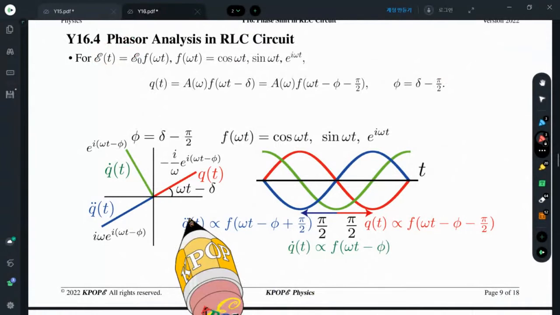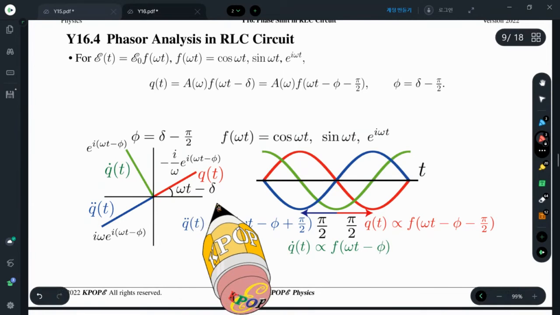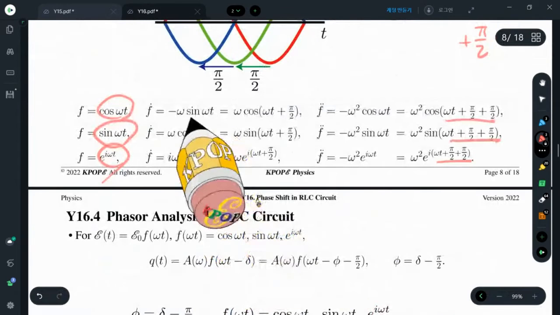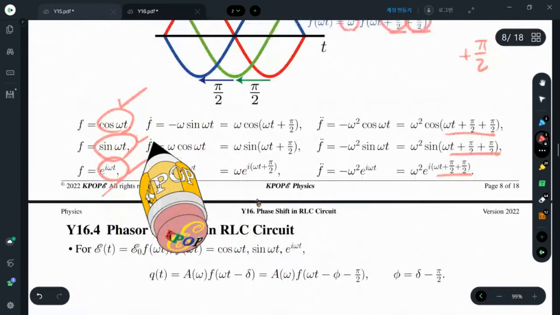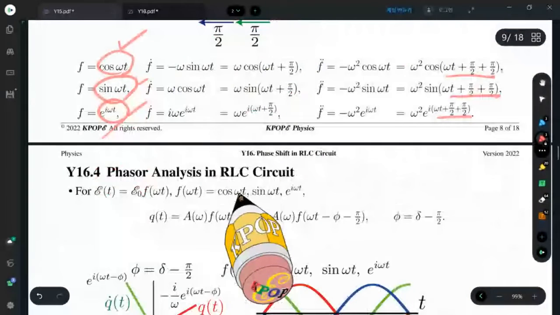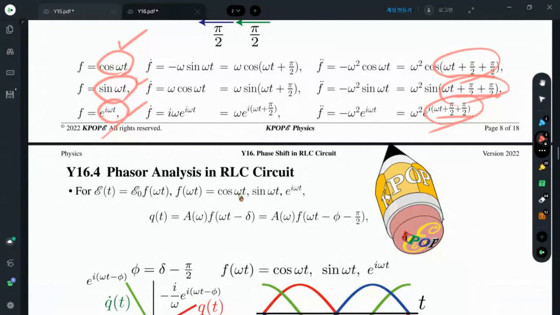So phasor is a complex number. This one is very, very useful for the circuit. And in addition, later, when we consider interference of a wave in general, it is so useful. Because whether sine, cosine, or exponential i omega t, whatever the case, the phase shift was the same.